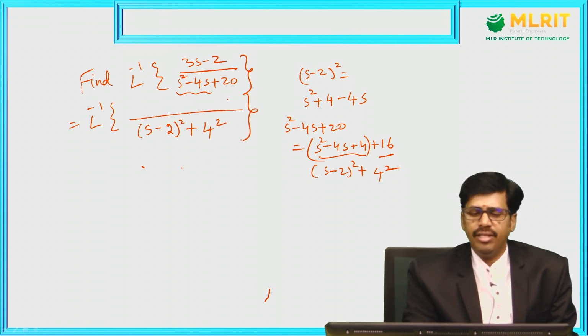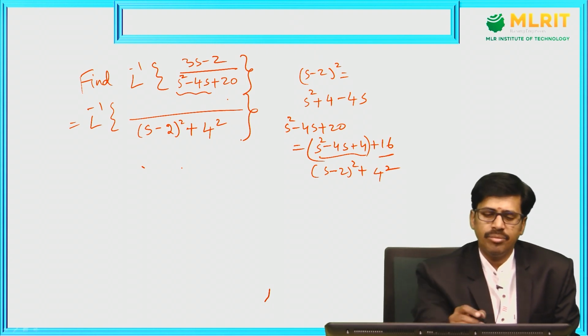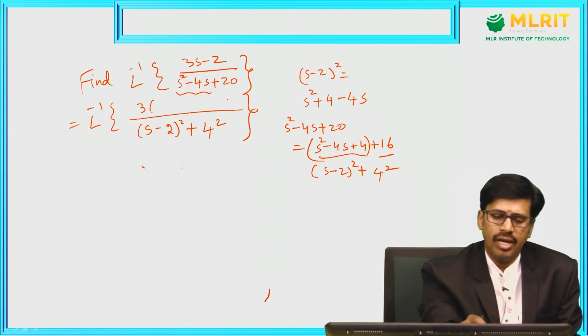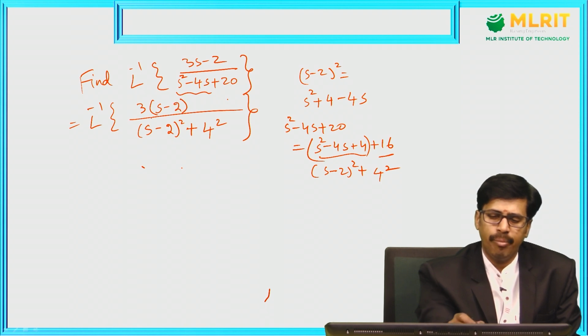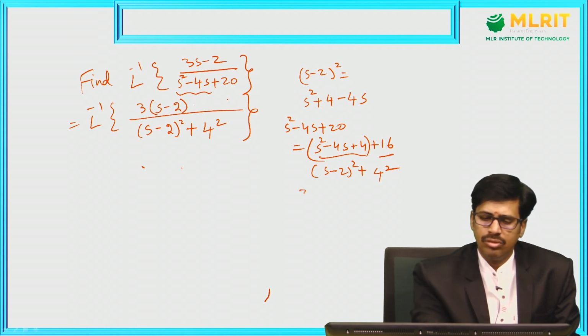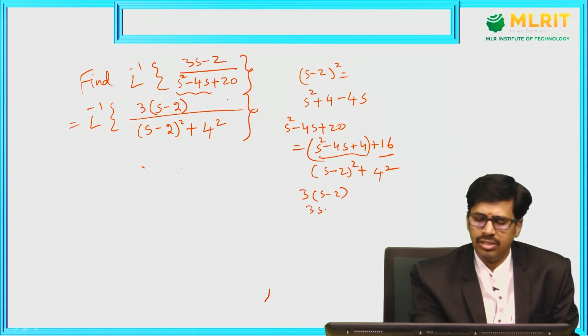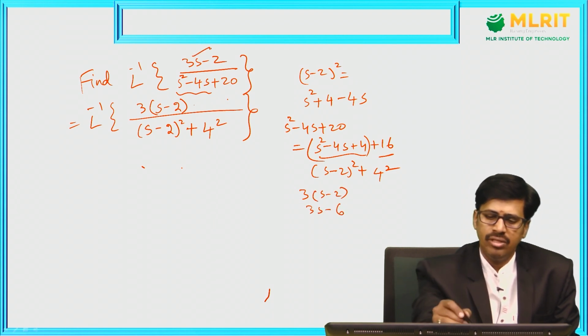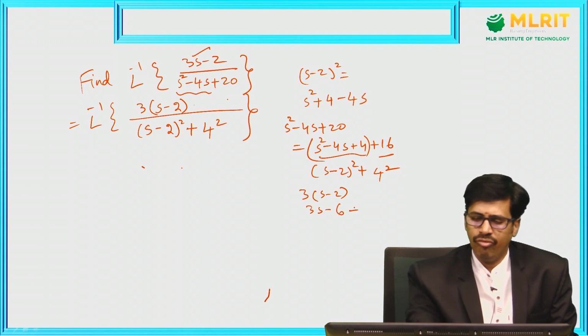Since we are writing this denominator in terms of s − 2, the numerator should also be in terms of s − 2. So, this I will write as 3 into (s − 2), so 3s − 6. But we have 3s − 2, so if we add plus 4, we get this.